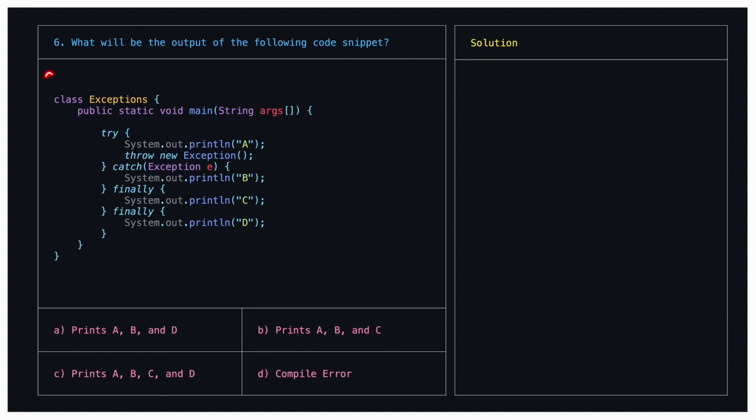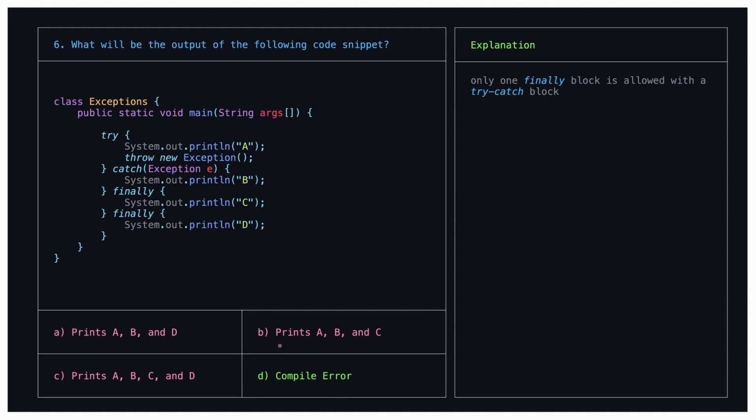So the answer for this code snippet will be compile error. Please go through the previous video to have more clarity on the concepts. This is not allowed in exception handling, hence the answer will be compile error. So yes, this is our answer, compile error.